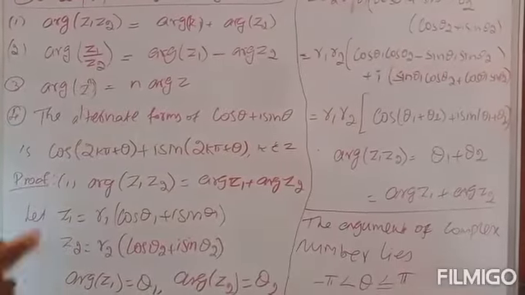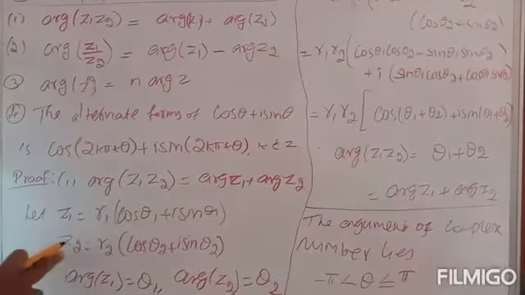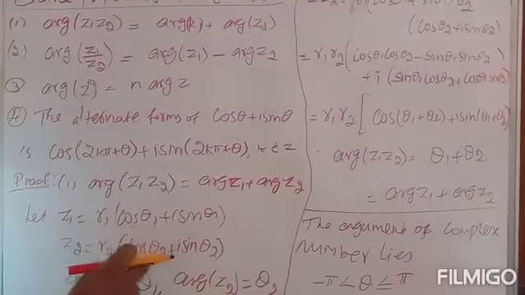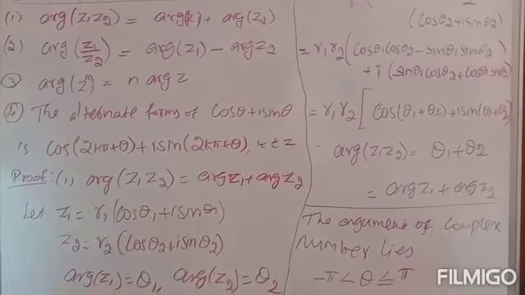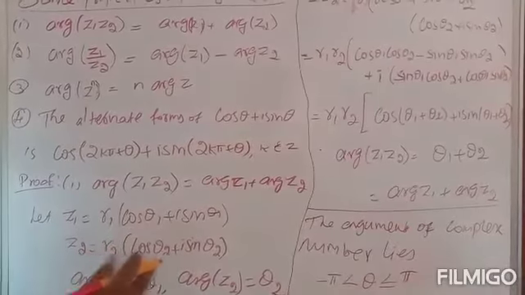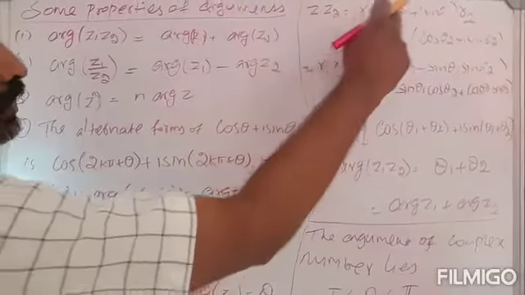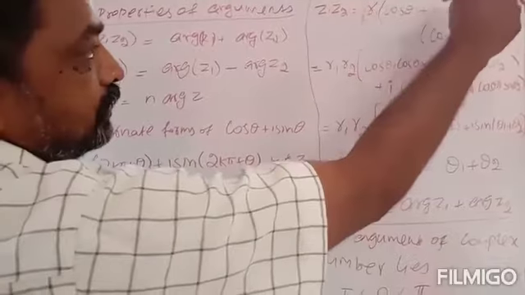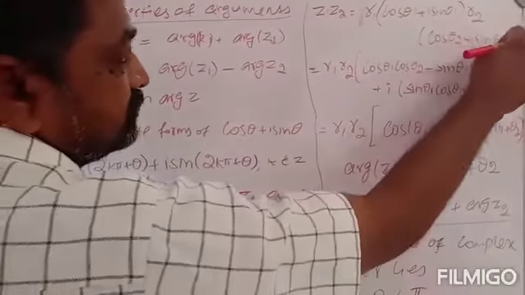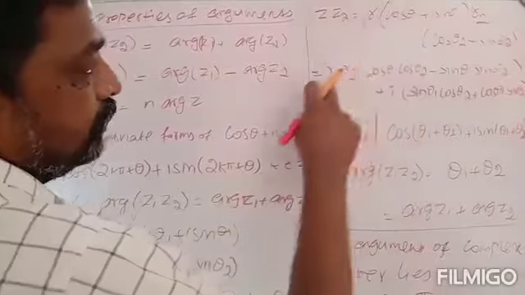Some properties of arguments. First one: arg of z1 into z2 equals arg of z1 plus arg of z2. Second property: arg of z1 divided by z2, z2 not equal to 0, is arg of z1 minus arg of z2. Third one: arg of z power n equals n into arg of z.